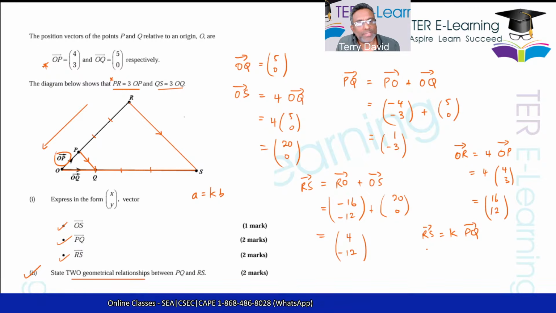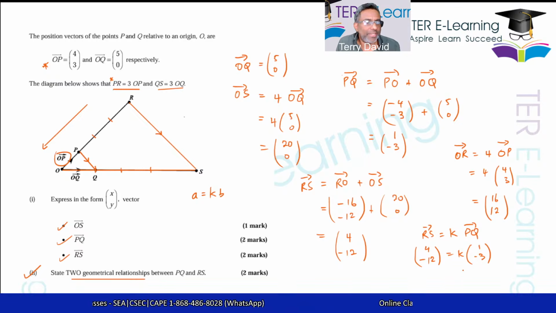So RS, (4, -12), is equal to some constant K multiplied by PQ, which is (1, -3). If you just look at the numbers there, the only way this is going to be equal is if K is equal to 4.